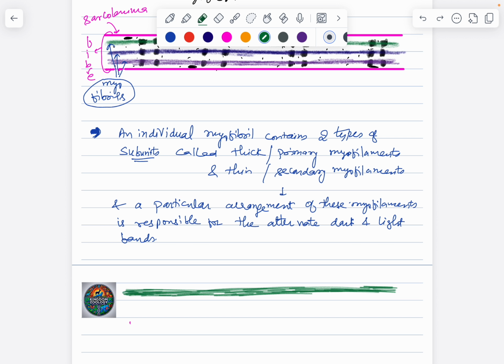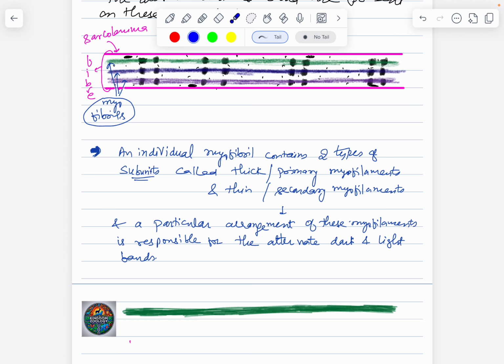Once again, any numbers that I'm drawing over here are just randomly chosen numbers. Do not be under the impression that a muscle fiber will have just 3 myofibrils. A muscle fiber, depending on its thickness, may have 10, 15, 20, more or less myofibrils. So here is your one single myofibril, which, as you can notice, has the dark and light bands on it.